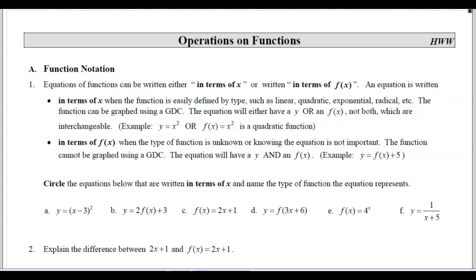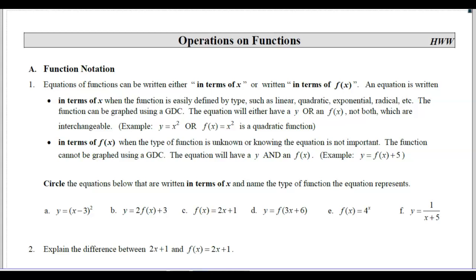So when we write equations of functions, they can be written either in terms of x or in terms of f of x. If an equation is written in terms of x, then we know what the function is.